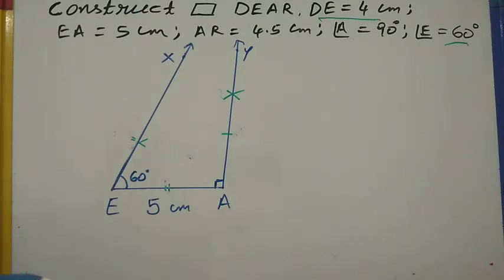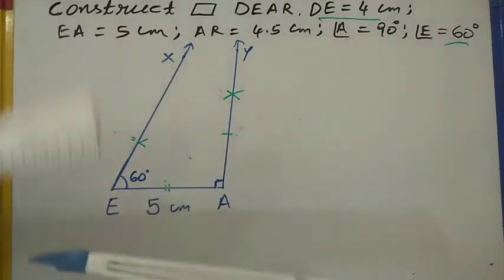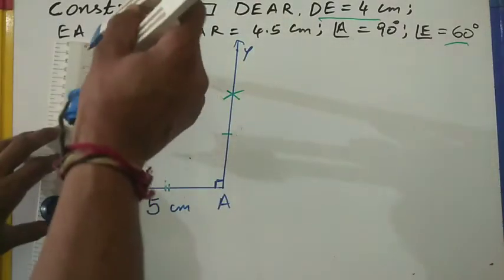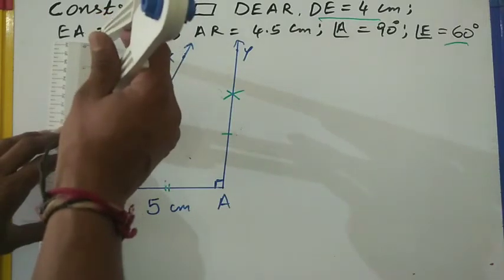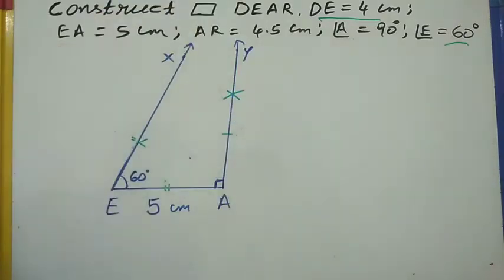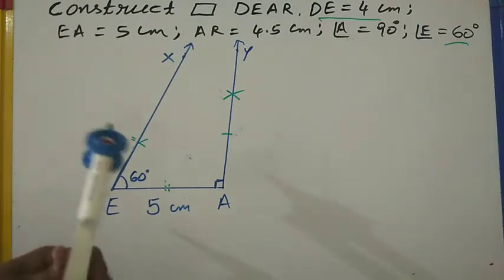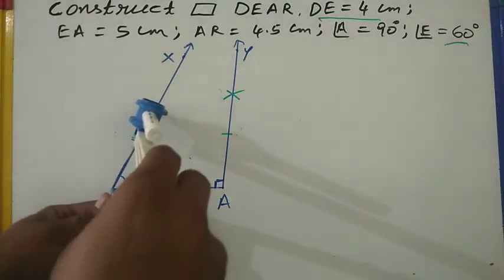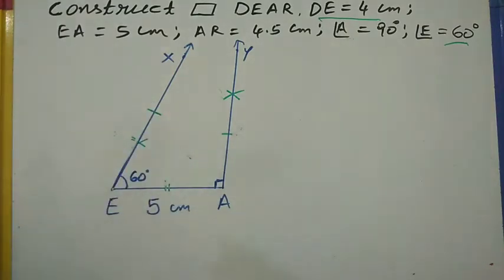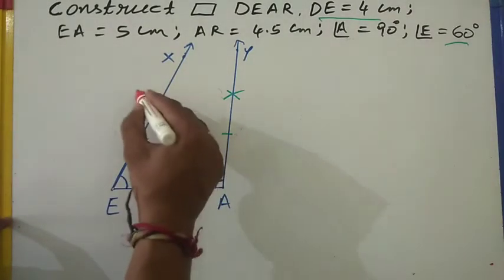So, I am taking DE measure as the radius of compass and E as the center, I will cut the EX ray. So, it gives me now the point D. This is the point D.